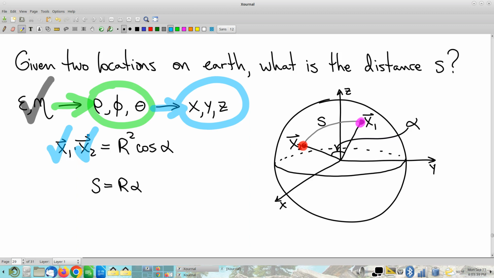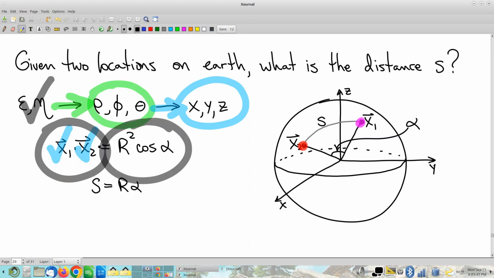Cool. Well, that means that if I can compute the dot product, then I can compute the magnitude of x1 times the magnitude of x2 times the cosine of the angle between them, because that's what dot products are. And notice that the angle between them, what I'm calling alpha here, is easily solved for in that equation.